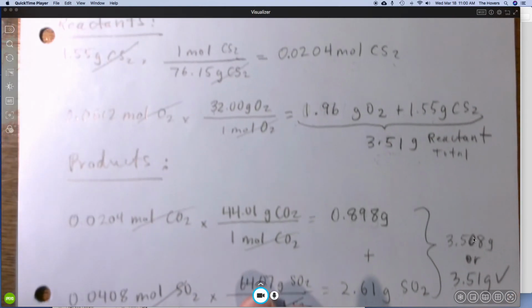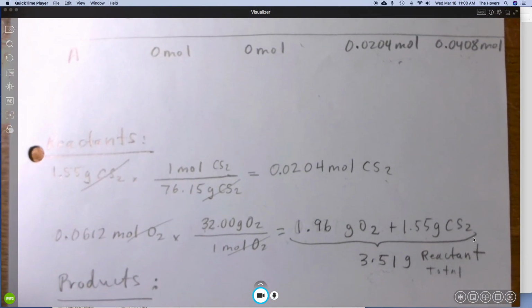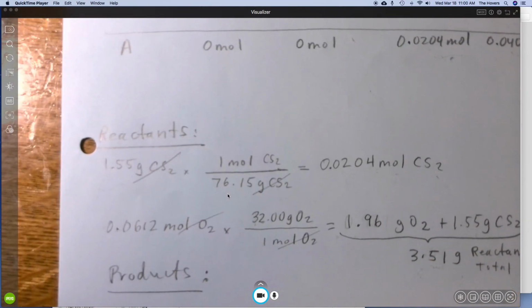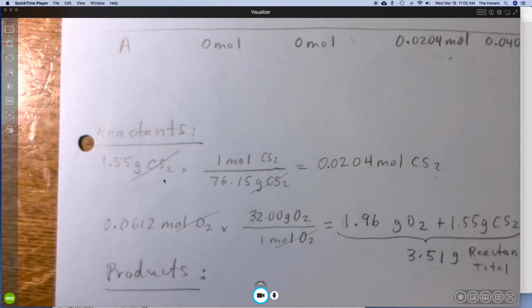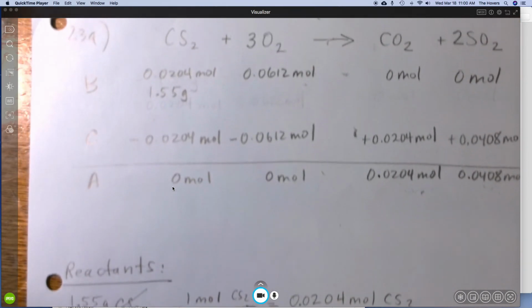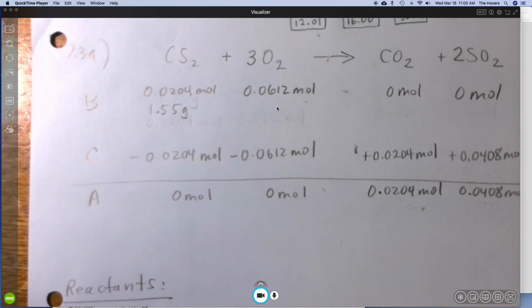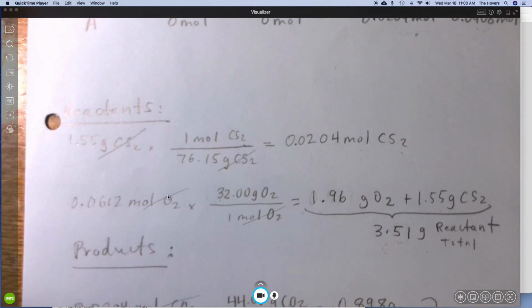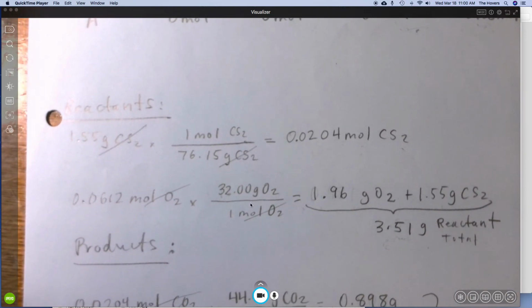So going back up here in the key, we already knew, because we were given the value, that we started with 1.55 grams of CS2. Again, you wouldn't have to do this, but I determined that 3 times as many moles of O2 would react. So I wanted to say, if that is how it reacted, how many grams of O2 would that be?